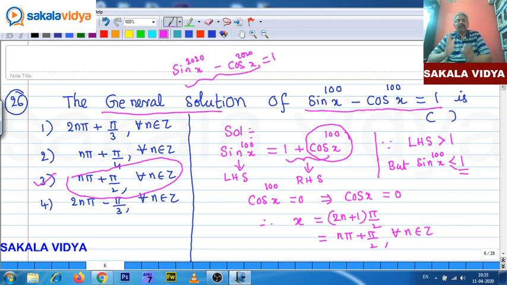To get this, cos x to the power of 100 must be 0. So cos x is equal to 0, and then we get the answer. If it were an odd power, we would need to do differentiation, so we don't have this method here.